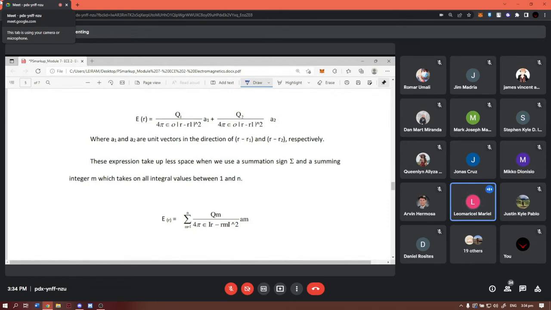So, ang ibig sabihin nun, lahat ng point charge mo, isa-summation mo lang epekto sa test charge. Kaya, on this manner, ito yung magiging equation natin. Pero ang mga estudyante kasi, natatakot kapag nakakita ng summation. Ang ibig sabihin nun, pag-a-add-addin mo yung epekto ng mga charge sa test charge.